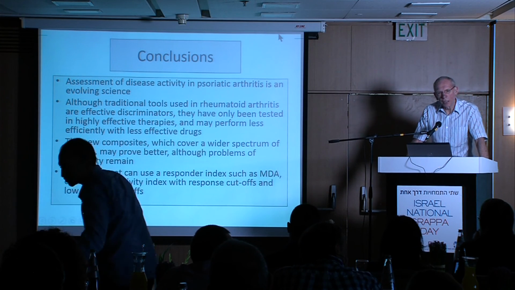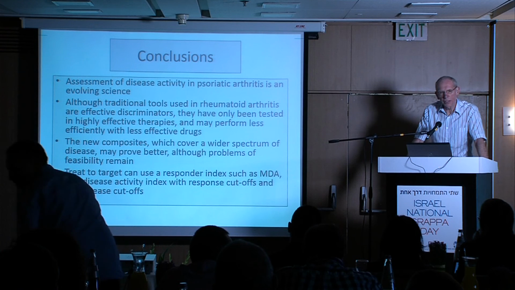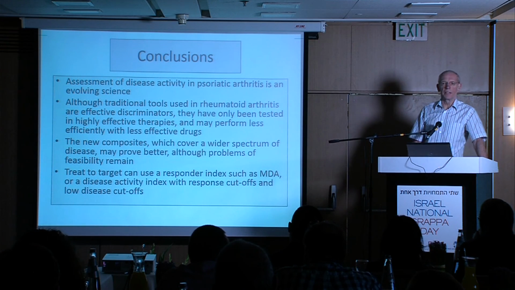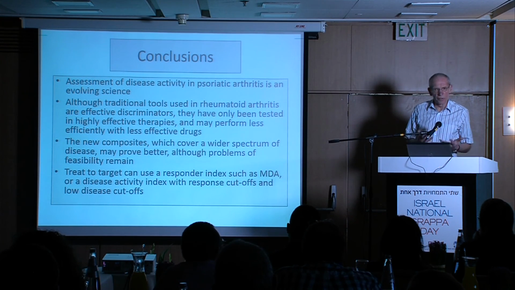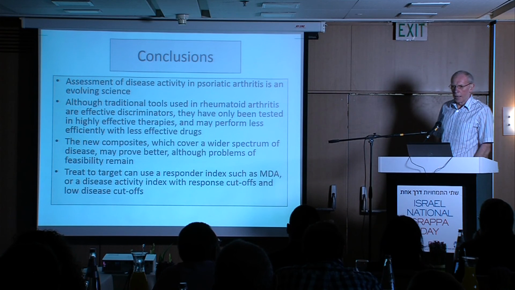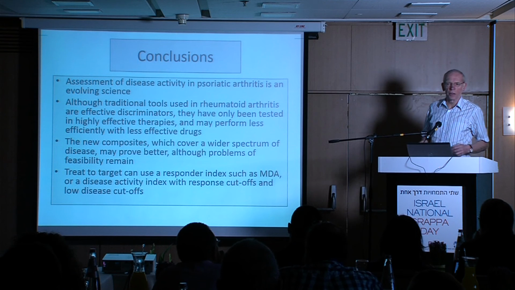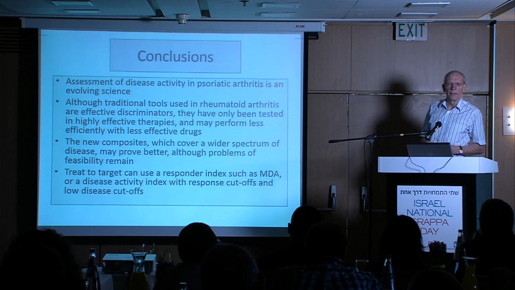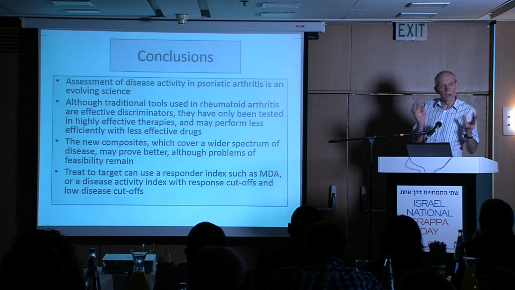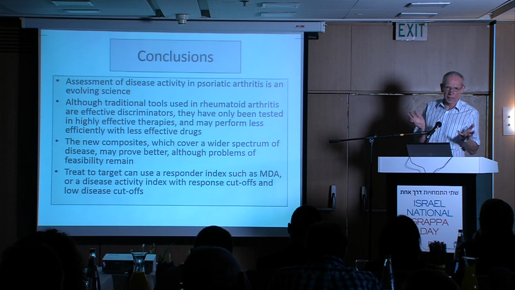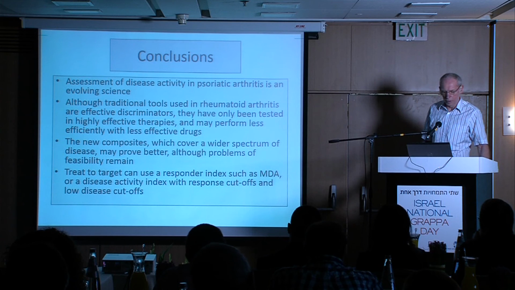So as you can see, going forward, assessing psoriatic disease activity is quite complex and it's evolving. We've got to move away, if we can, from using rheumatoid arthritis tools, because although historically they've been shown to work, they've worked in a group of patients who were rheumatoid-like in their number of joints and so on.